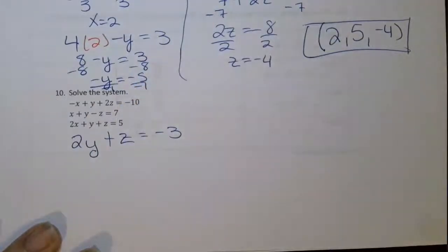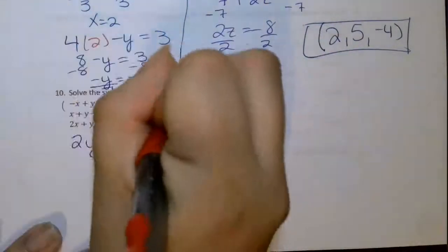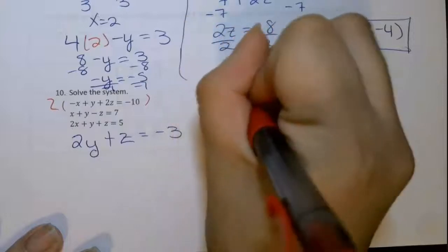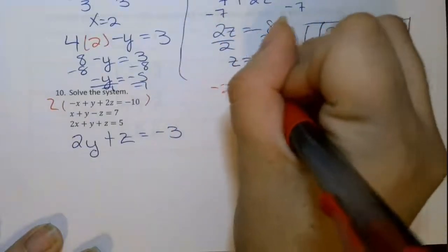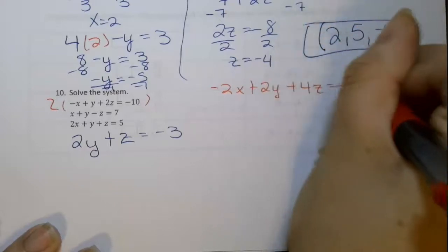And then I am going to work with the first equation and my bottom equation. For my first equation, since it's opposite sign, I just need to multiply by the coefficient to make it the same. So I have negative 2x plus 2y plus 4z equals negative 20.